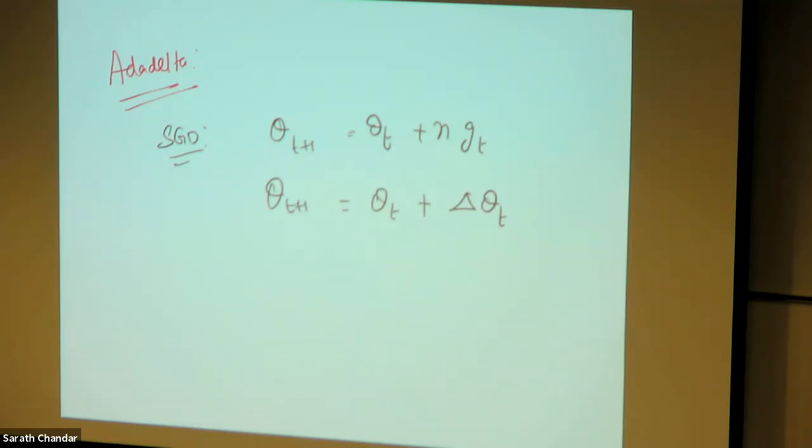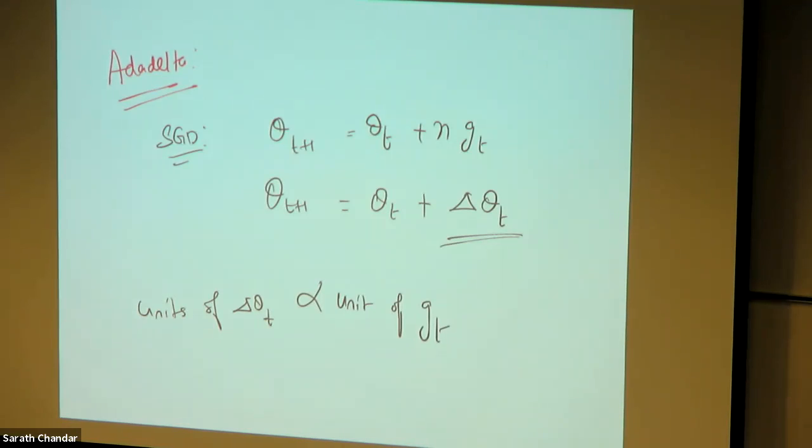Okay. Now let us say that the parameters have some hypothetical unit. So theta has some hypothetical unit. Okay. Now what would be the unit for the gradient? The unit of del theta t is basically proportional to the unit of g t, because eta is a scalar, right?